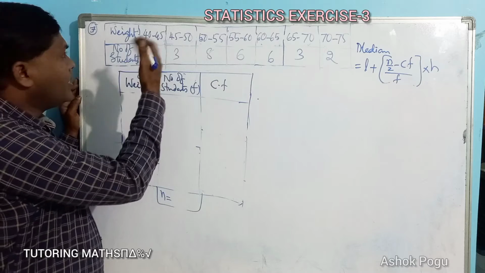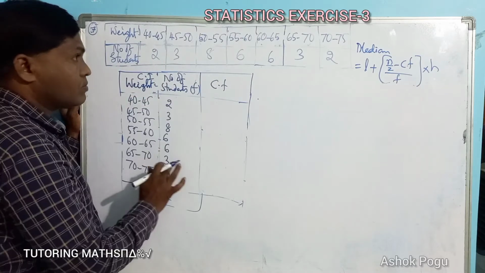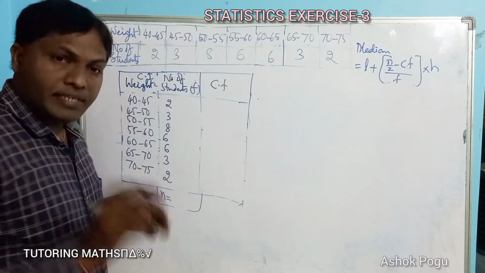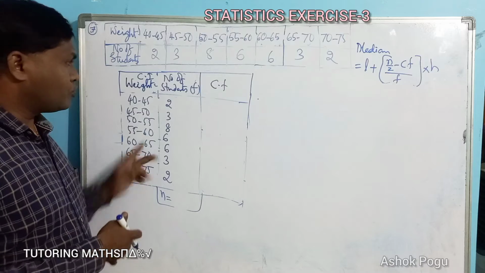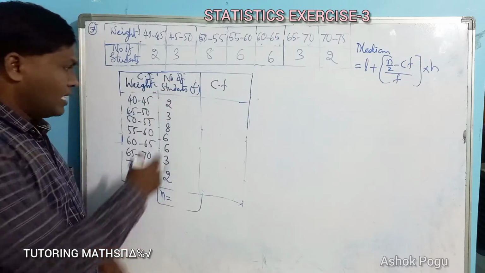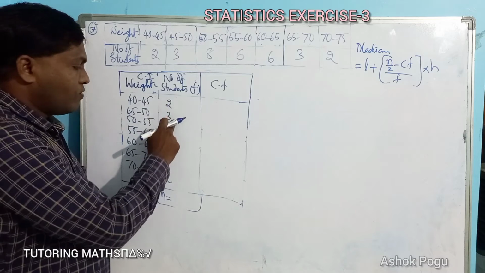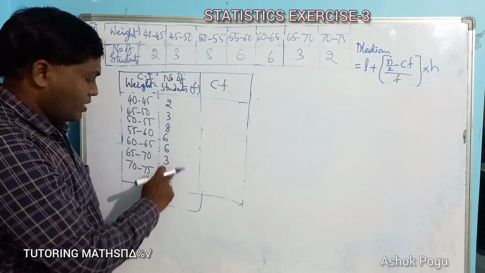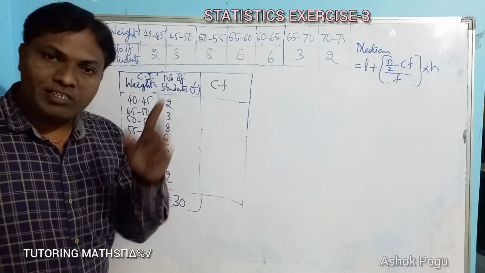Let us write it down, 40 to 45. This is the class interval, nothing but the weight of the students, and the number of students. Already they have given 5, 8, 13, 6, 19, 25, 5. This is the data of 30 students. 30 students' data is given.